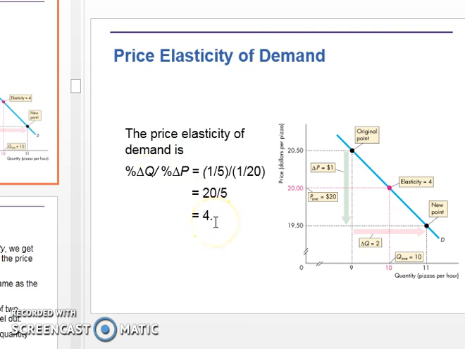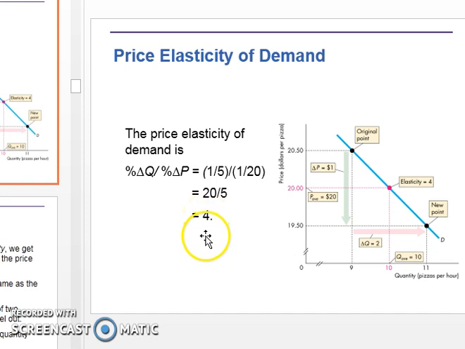How can we interpret this? This is actually 4 over 1, where the denominator is 1. It shows that when price changes by 1%, it would bring a 4% change in demand. In whatever case, for example, if price increases by 1%, quantity demanded decreases by 4%.